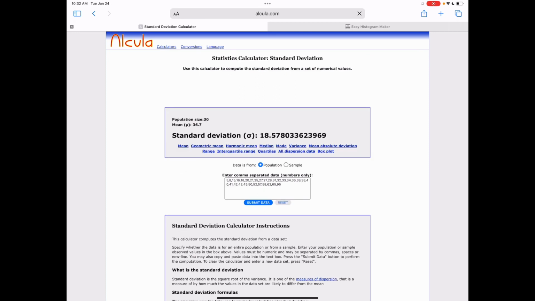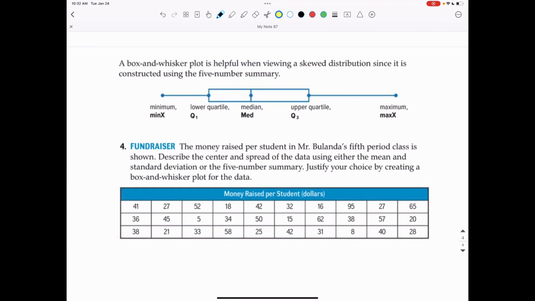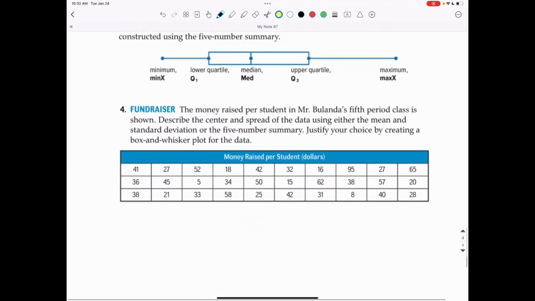And you can see the standard deviation, if we do that in dollars and cents, is about $18.58. So I could write my answer back on my question. I would say the standard deviation, again, I'll use the small letter theta, is $18.58. And the mean, which is usually X bar, is $36.70.